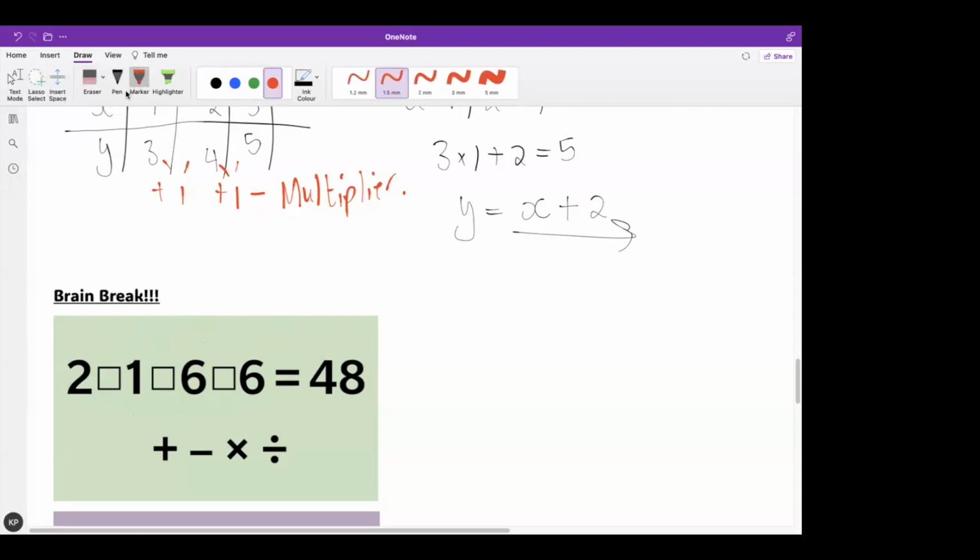I got 2 divided by 1 plus 6 times 6. Okay. 6 times 6 would be 36, right? And 2 divided by 1 is a 2. So that's going to give us 38, isn't it?